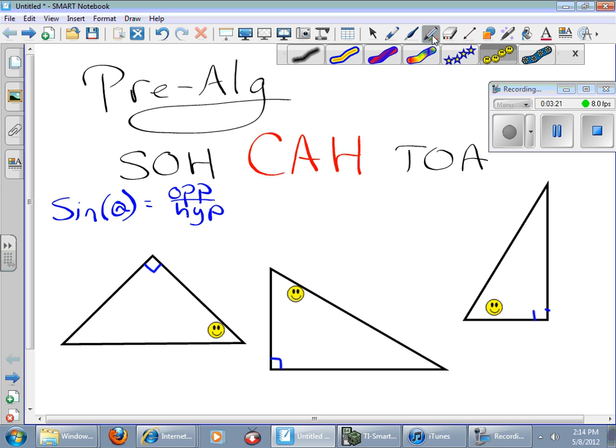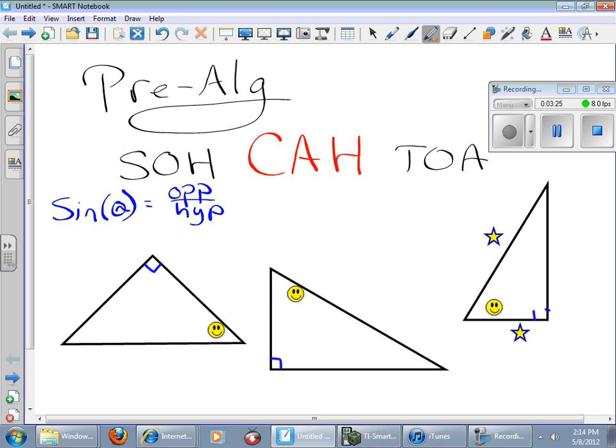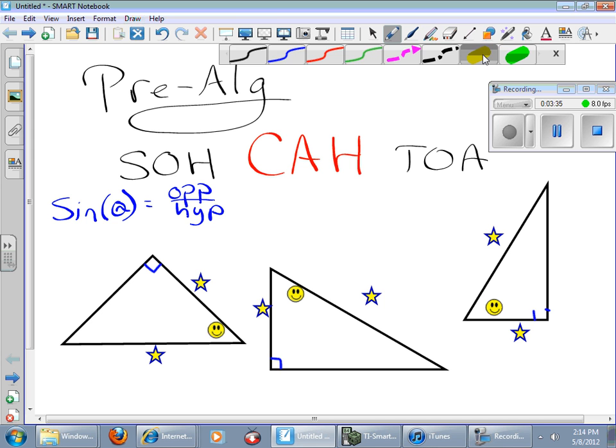And I'll put my stars in. Now, if you check these, I know a hypotenuse, but I do not know the side opposite.